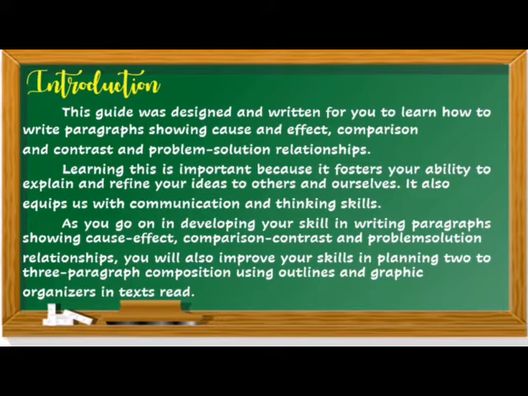It also equips us with communication and thinking skills. As you go on in developing your skill in writing these paragraphs, you will also improve your skills in planning 2 to 3 paragraph composition using outlines and graphic organizers in text.